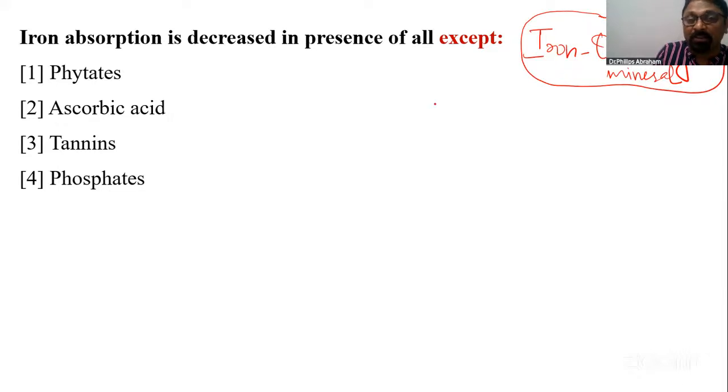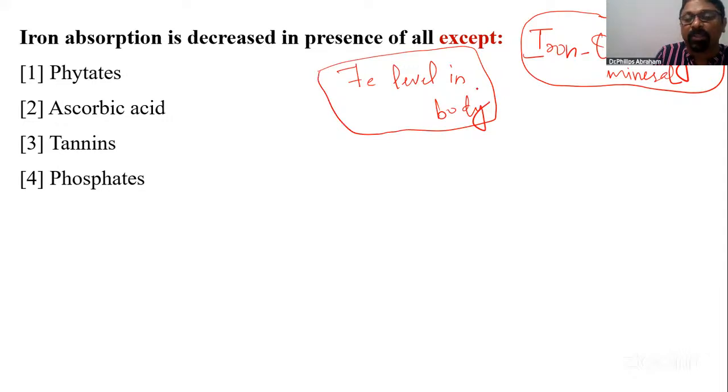And one more point related to absorption. The iron level in the blood, in the body, is regulated. Iron content in the body is regulated at the level of absorption.